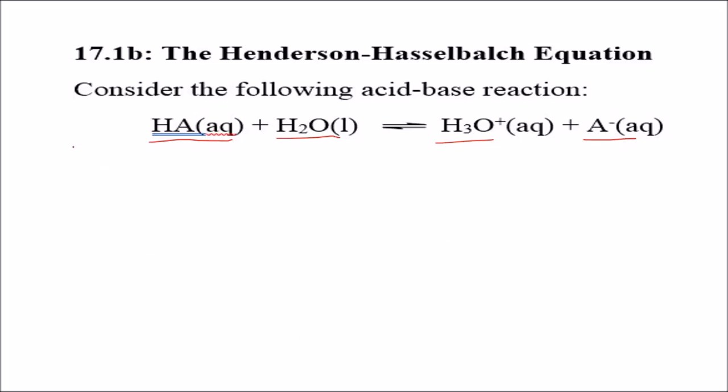So we'll say Ka of this equation, Ka is equal to the concentration of the products divided by the concentration of the reactant.